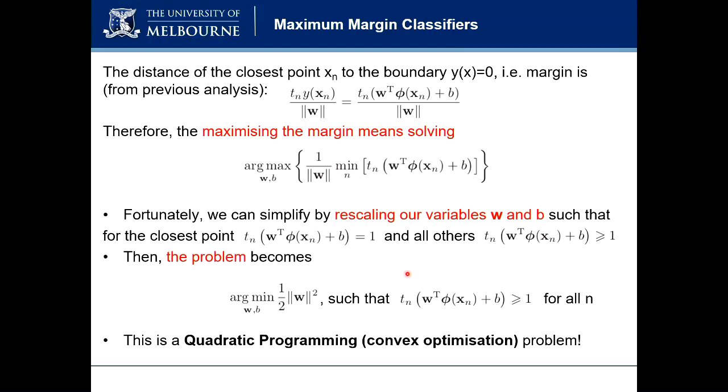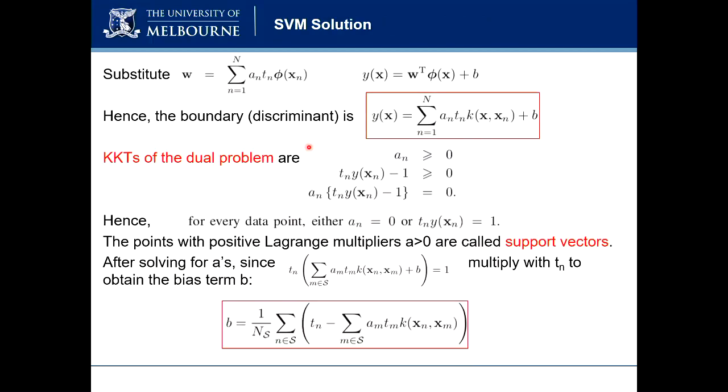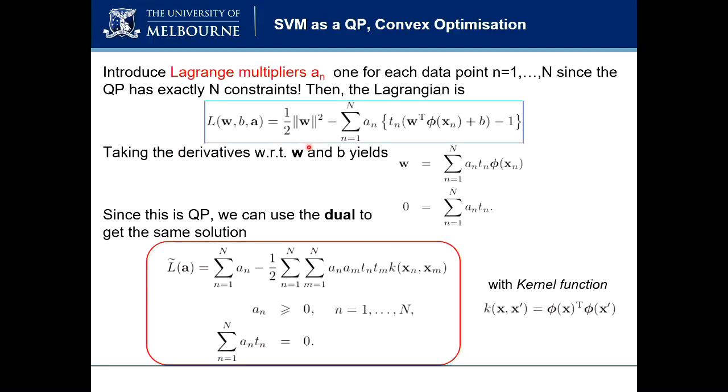Each data point brings one additional constraint, for all n. So we will have n constraints, meaning n Lagrange multipliers an, and these are inequalities, so an will be positive, non-zero. There are no equality constraints in this problem. So exactly capital N constraints.